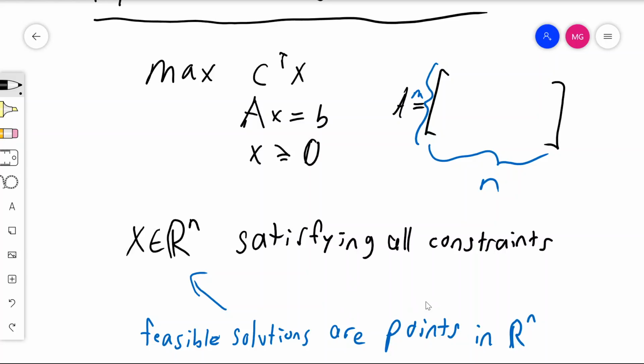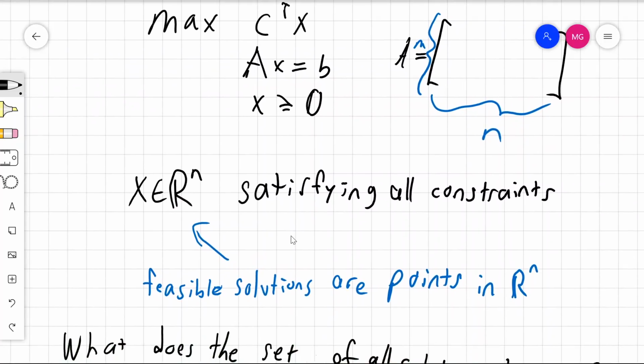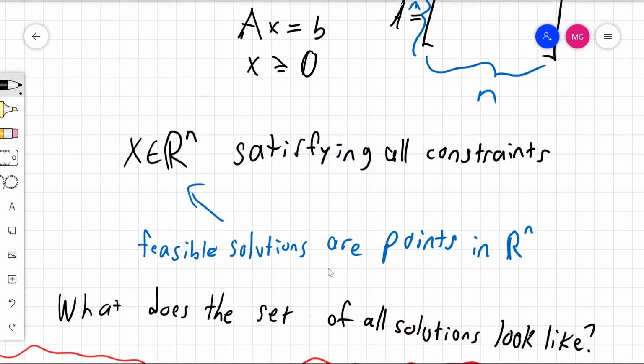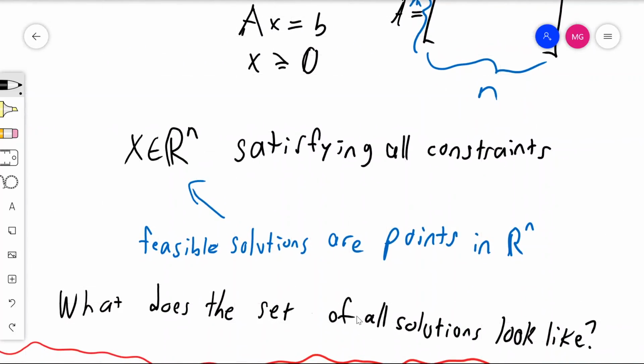We're going to view those as points in Rn. So geometrically, these are points in n-dimensional space. That's pretty obvious, of course. You were probably already thinking that, but now we're going to start asking the question of what does the set of all the solutions look like?